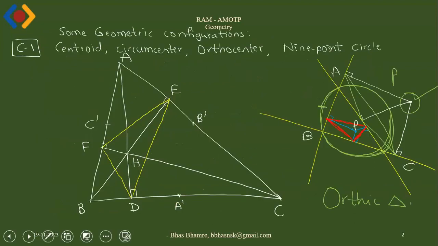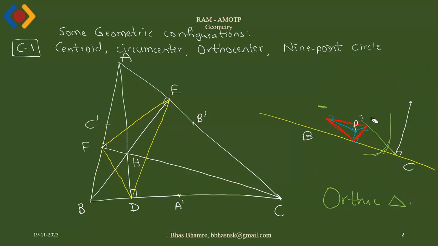Coming to the point, here our configuration is about the centroid, circumcenter, orthocenter, and 9-point circle. I must tell you the notation so that wherever we go, you understand. Earlier, we have seen the pedal triangle, the pedal line, or the degenerate triangle, a special case of the pedal triangle.